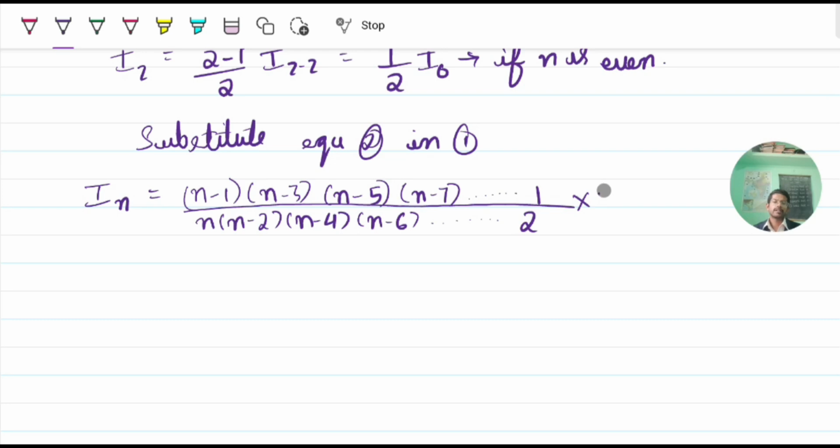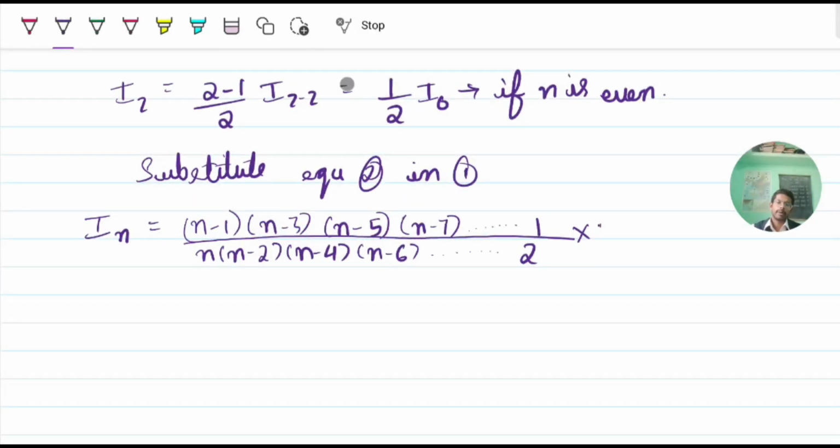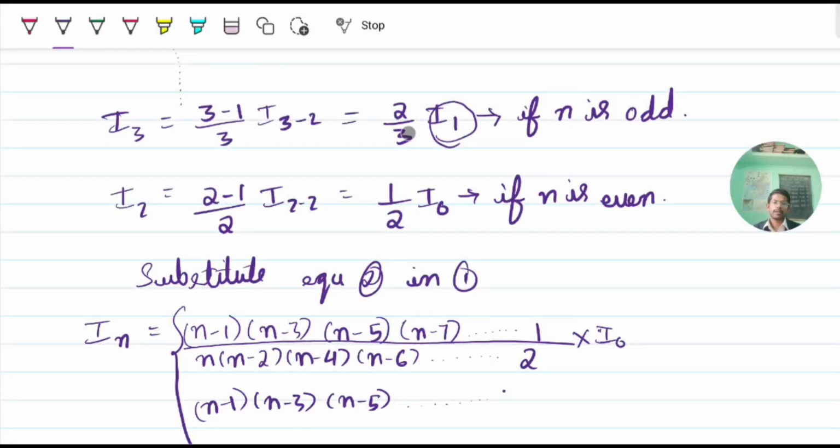we get, if n is even, that is I0, we get 1 by 2 into I0. And if n is odd, we get (n-1)(n-3)(n-5) and so on to, that is here, 2 divided by 3 into I1, right?